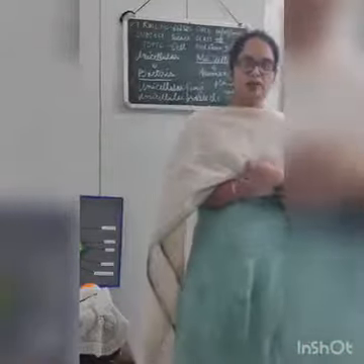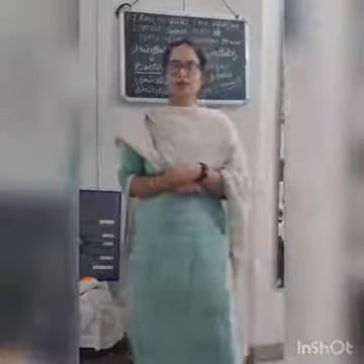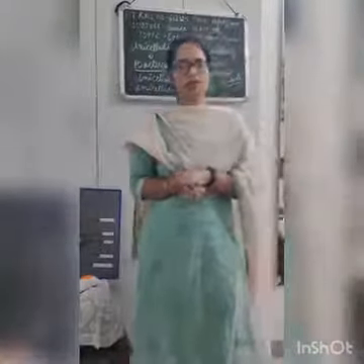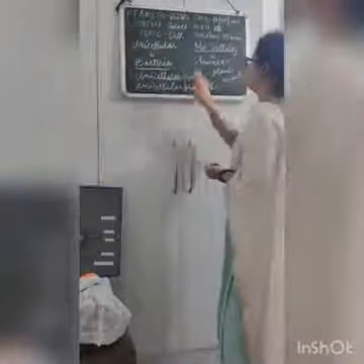So are we clear with the types of organisms? Yes, ma'am. So okay. You tell me what is the example of a unicellular organism? Bacteria. So multicellular organisms are made up of single cells or multiple cells? Multiple cells. So this was all about the types of organisms.